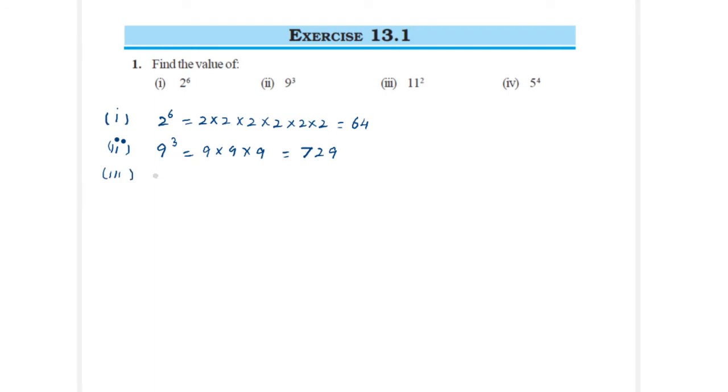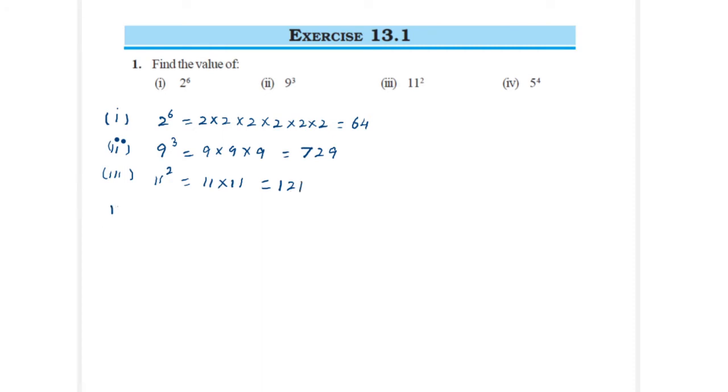It is 11 raised to power 2. It means 11 is multiplied 2 times. That is 11 into 11. And if you multiply 11 into 11, you will get 121. This is your answer.